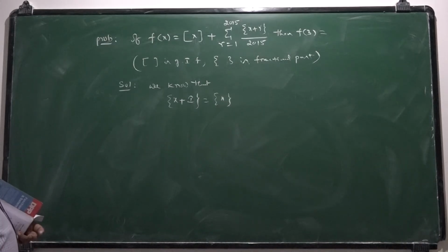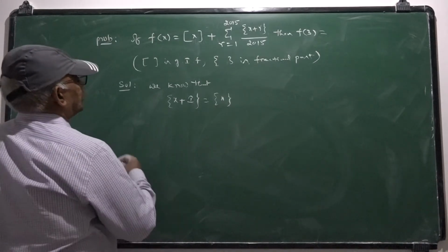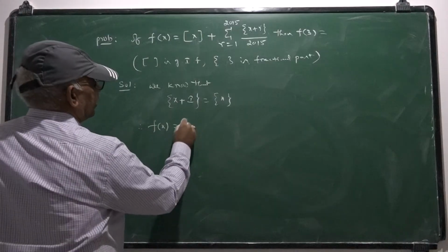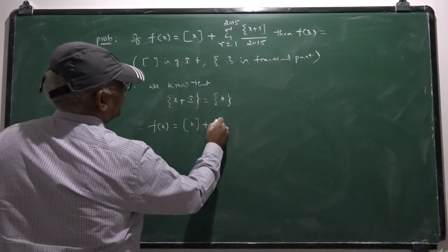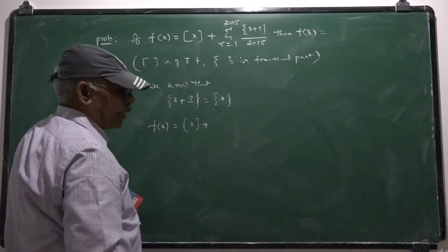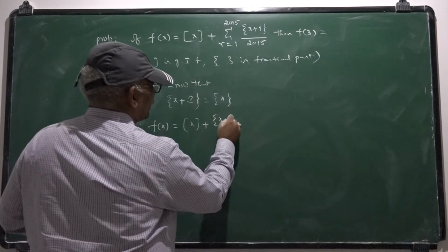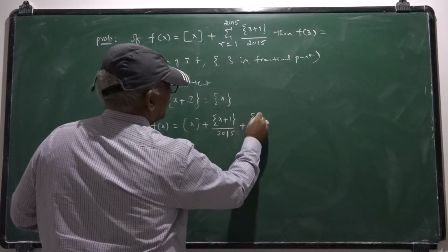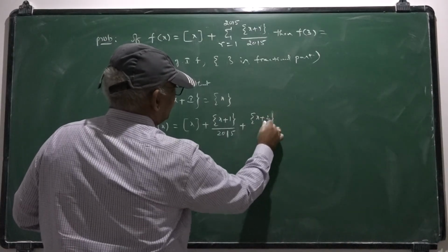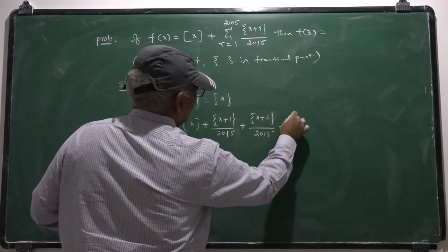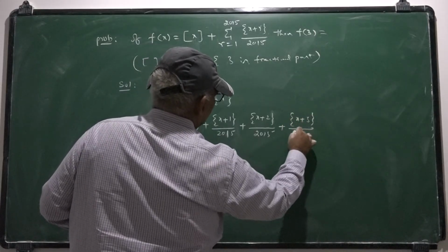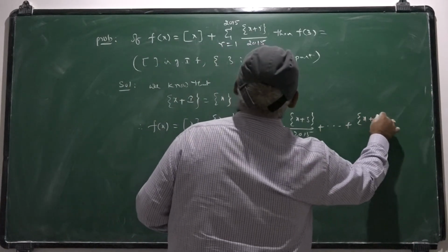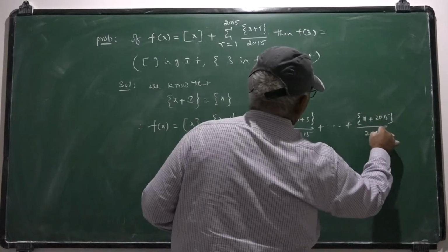So, therefore, f(x) equal to step x plus sigma, once expanding sigma here, fractional part of x plus 1 by 2015, fractional part of x plus 2 by 2015, fractional part of x plus 3 by 2015 and so on until fractional part of x plus 2015 by 2015 itself.